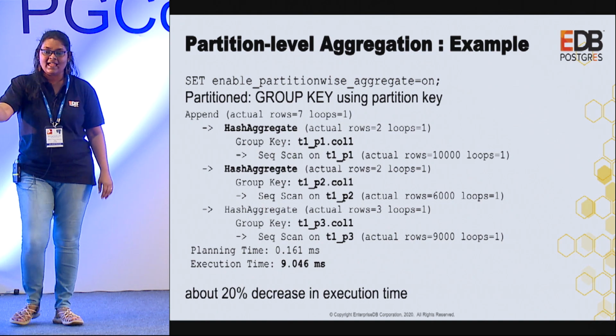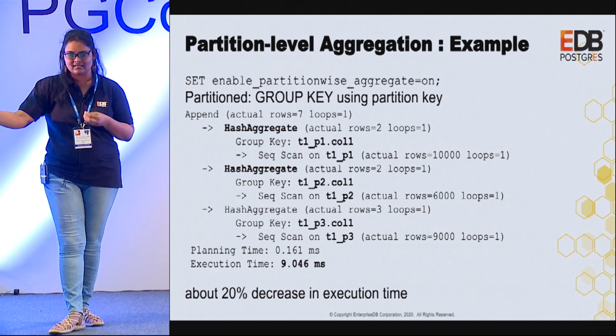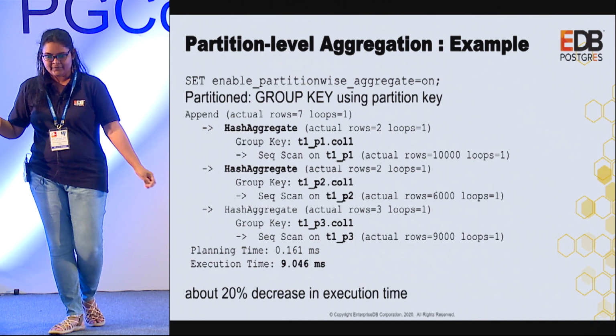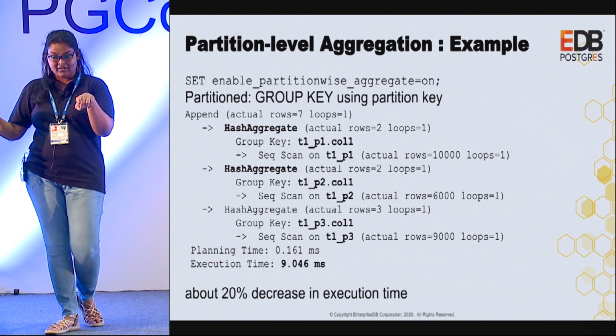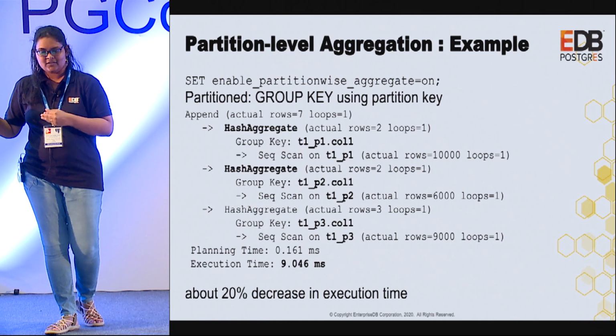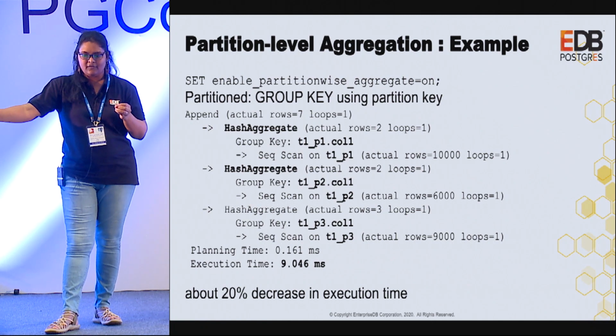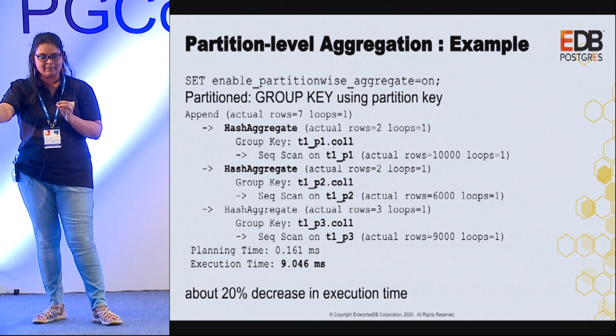And then when I set the parameter enable partition-wise aggregate equal to on, and then I perform the same command, the aggregate function has gone down into each partition. So it has been performed for P1, and then it has also been performed under P2 and P3.